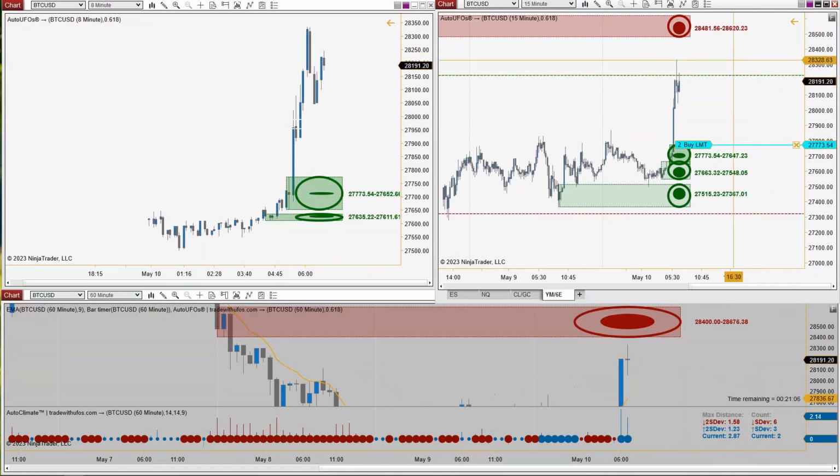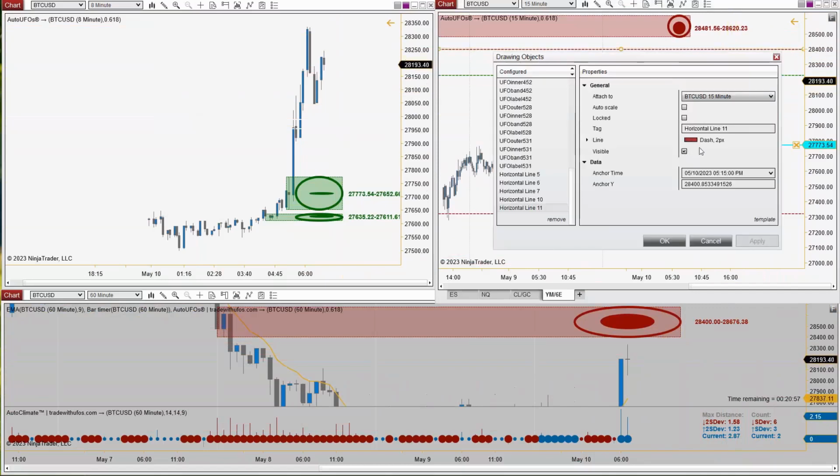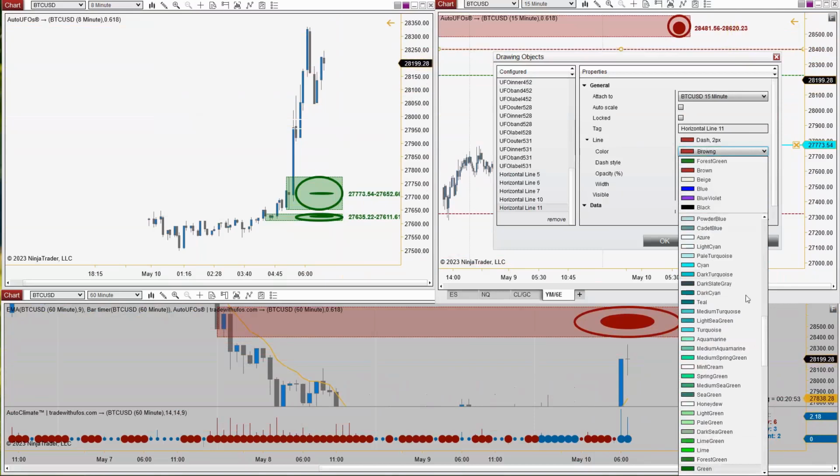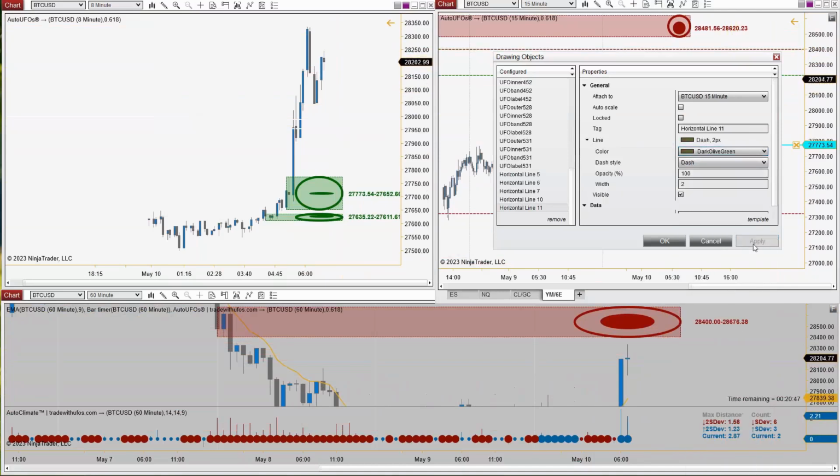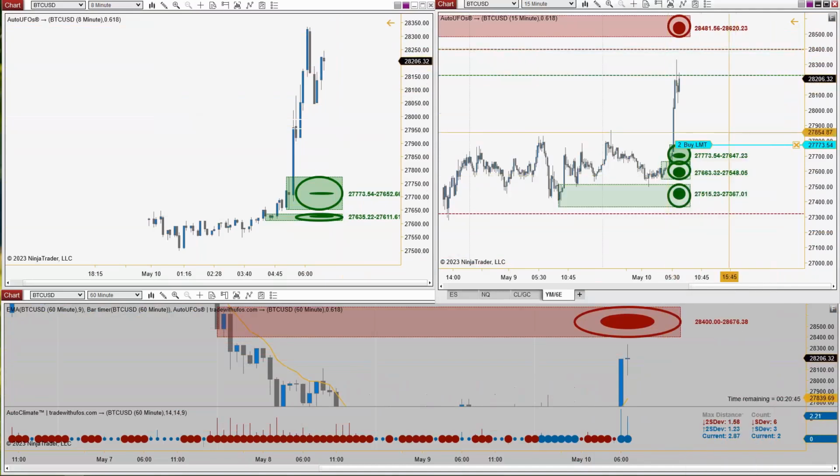And of course, we're going to put it up here at 28,400. And this will be our T2. And I'll just also make this a dark olive green just so it's a little different. We still know it's our T2 and that's our T1.